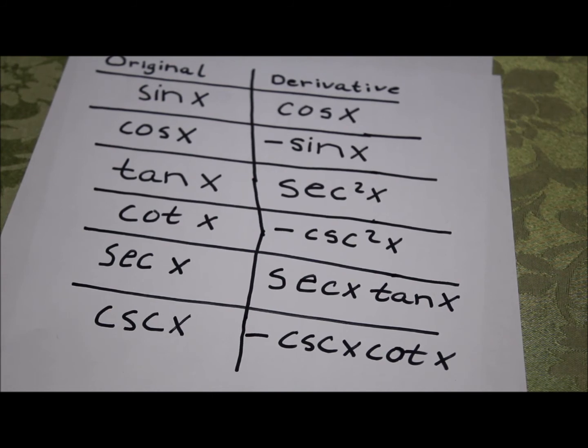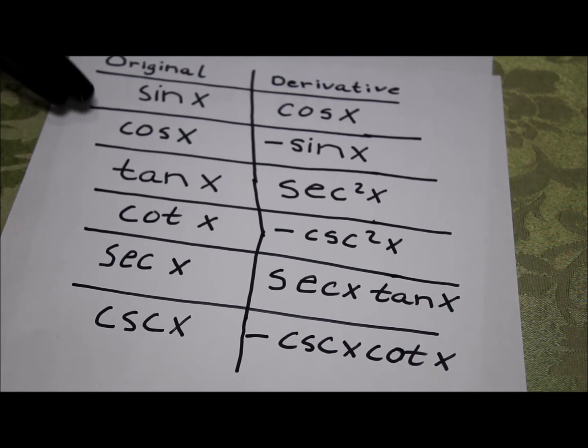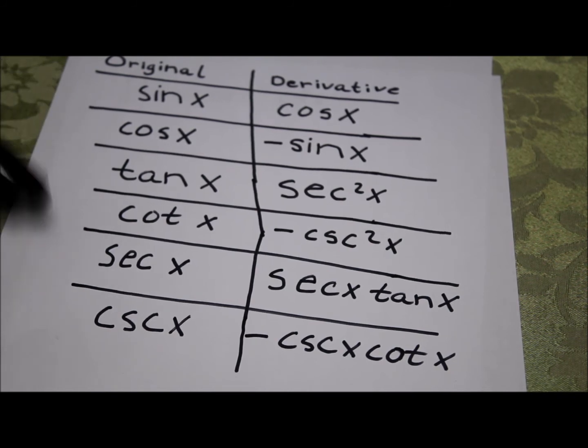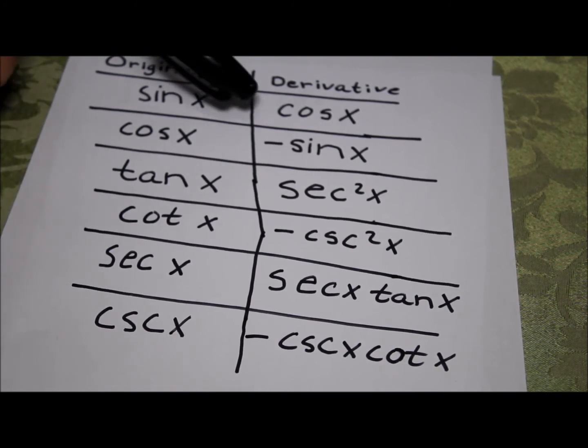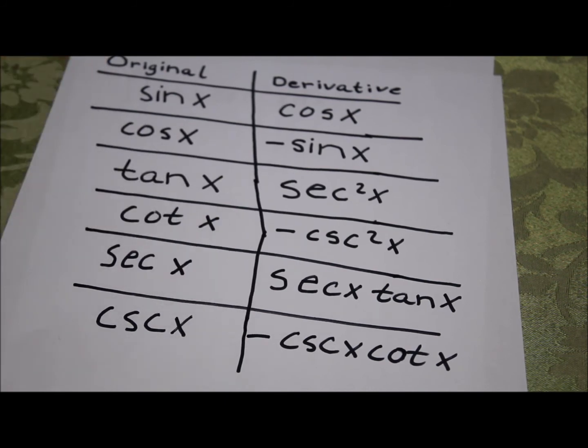And an easy way to memorize this is to make a table like the one I have here. And remember, all the ones that have c's in the beginning, like cosine, cotangent, cosecant, their derivatives have a negative next to them.